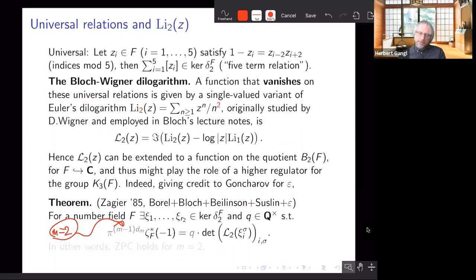So the theorem was that for a number field f, we get sufficiently many elements psi1 to psi R2 in that kernel, such that their images under the dilogarithm give the first non-vanishing coefficient in the power series expansion of zeta f star, up to a power of pi, up to a rational number.